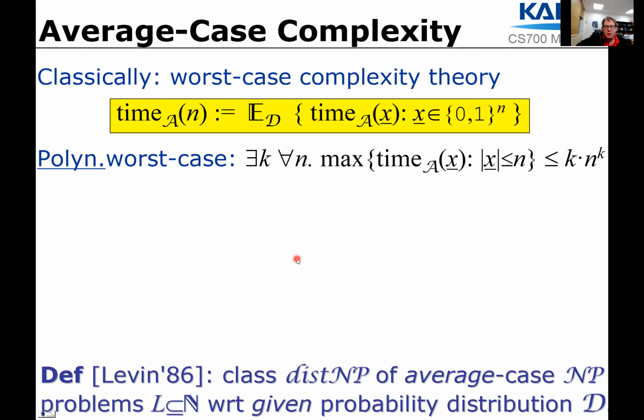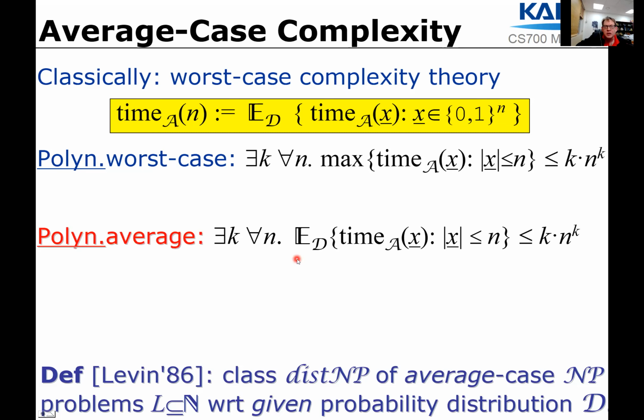And from there, it may seem natural to define polynomial average case complexity similarly, by saying that the expected cost of the algorithm on all inputs of length up to n with respect to that distribution must be polynomial, that is bounded by k times n to the k for some integer constant k. So, expected polynomial.